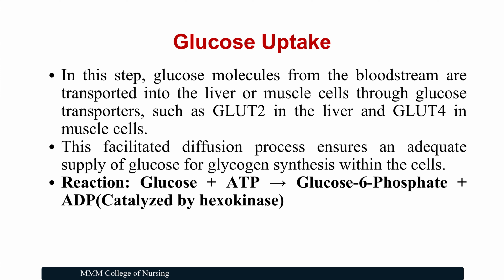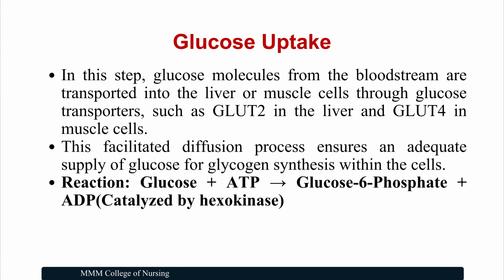Now, as soon as glucose enters the cell, it immediately gets phosphorylated, meaning a phosphate group is added to it. This is done by the enzyme hexokinase in the muscle cells and glucokinase in the liver cells. The glucose becomes glucose 6-phosphate and ATP is used in this reaction.